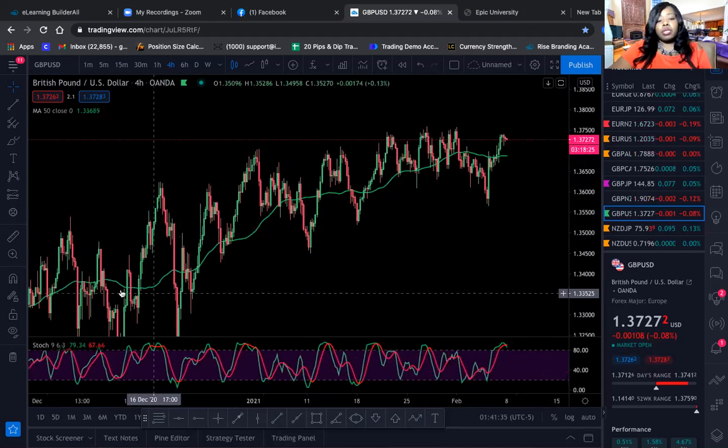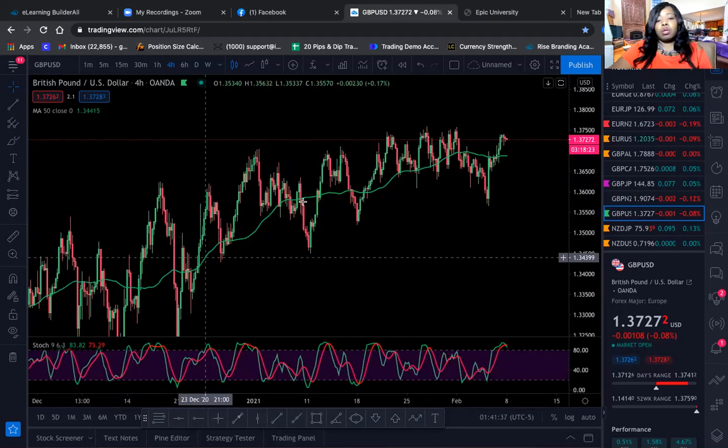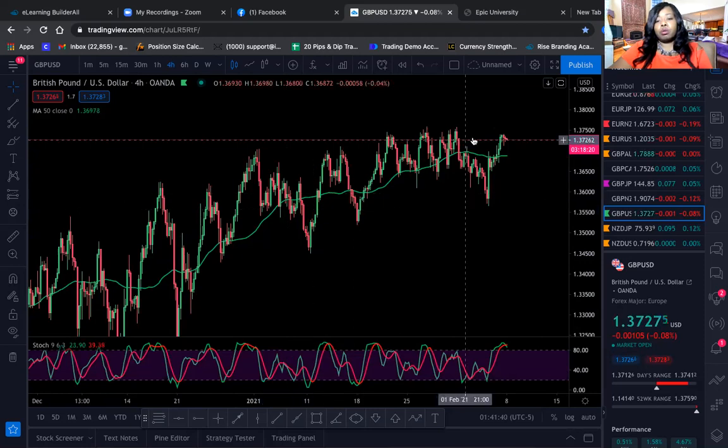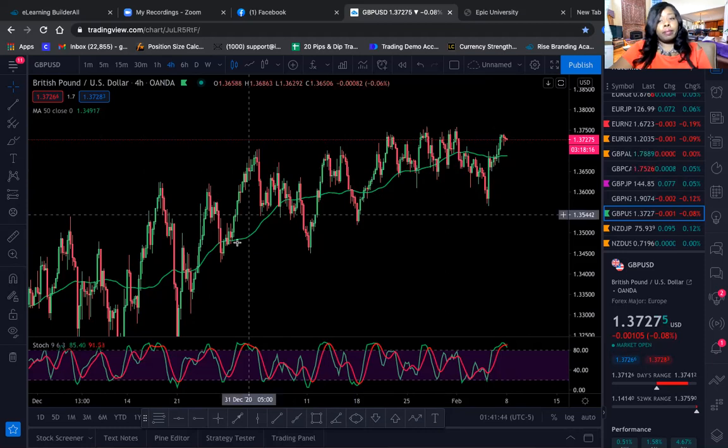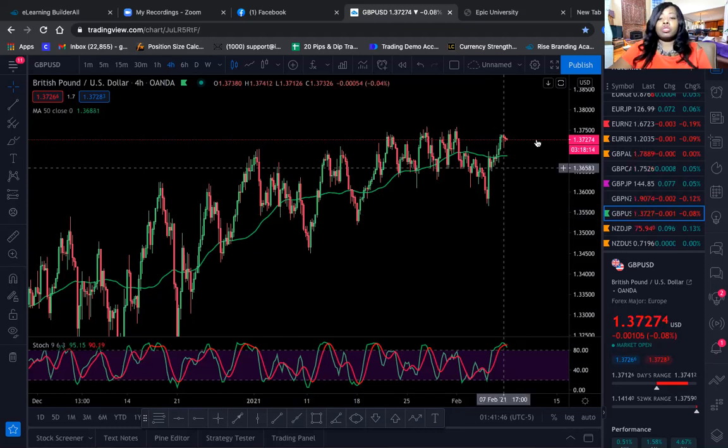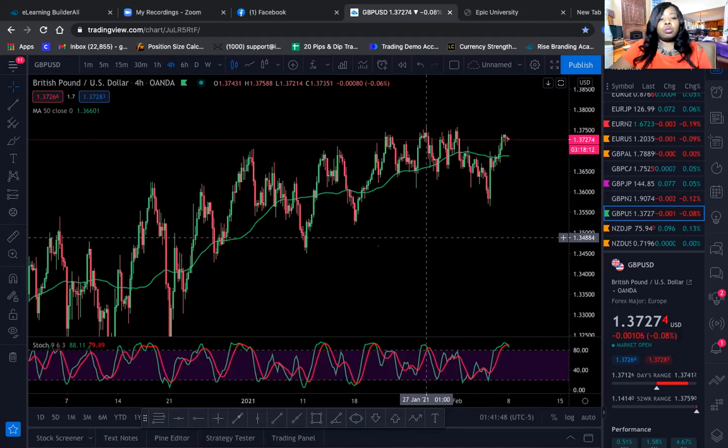And from what it looks like to me, this is going on an upward trend, okay? In between, there's a lot of up and downs that a lot of money can be made, but the overall trend is going up, okay? So that's one thing we want to pay attention to.